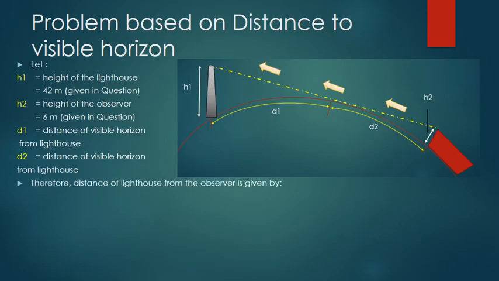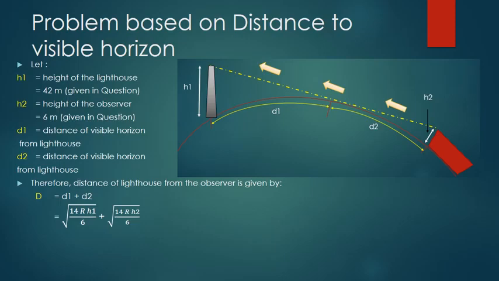Therefore the distance of the lighthouse from the observer should be the sum of both distances, d1 and d2. How do we calculate the values of d1 and d2? We have already discussed this in our earlier video lecture on distance to visible horizon. Here d equals d1 plus d2. The formula for d is root over 14 times r into h by 6.